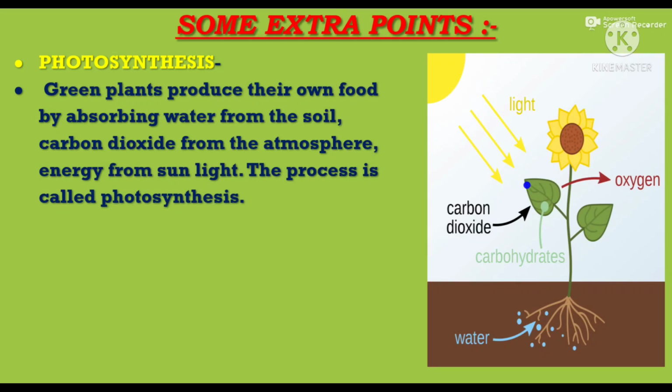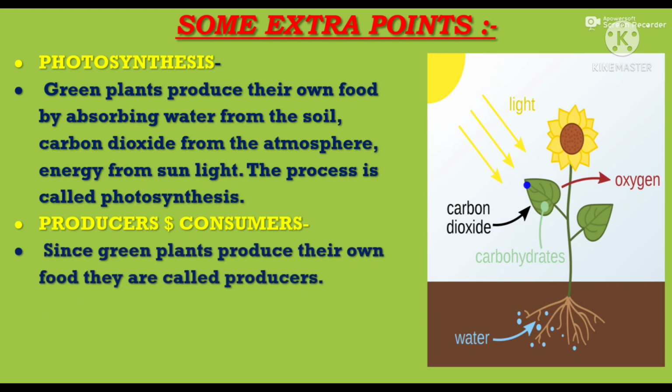So only during daytime, when light falls upon them, can they make their food. This process is called photosynthesis. Since green plants produce their own food, they are called producers.